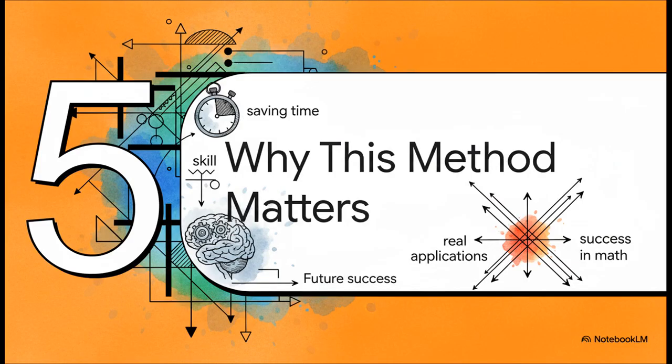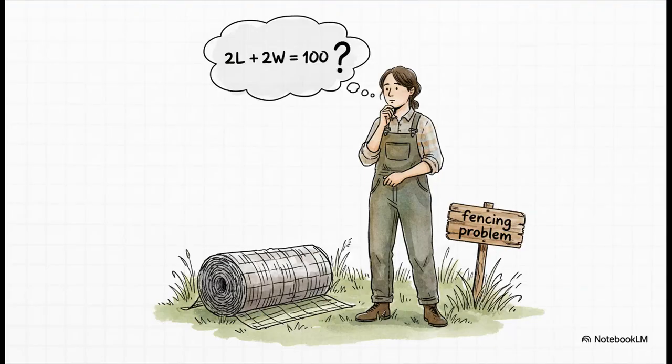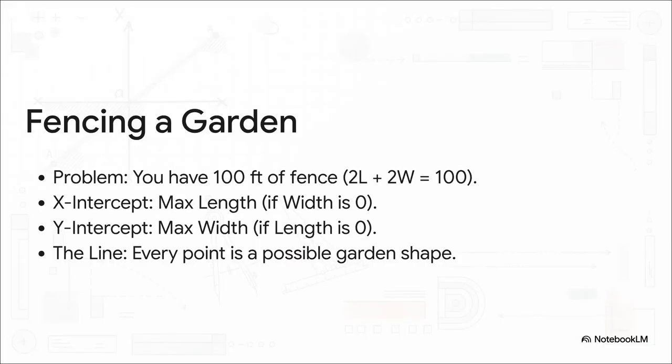So why did we just spend time learning this shortcut? Well, it's not just about saving a few minutes on your homework. This skill actually has real-world applications, and it sets you up for some serious success later on in math. Let's take a look at a classic real-world problem, building a fence. Okay, imagine you've got 100 feet of fencing to build a rectangular garden.